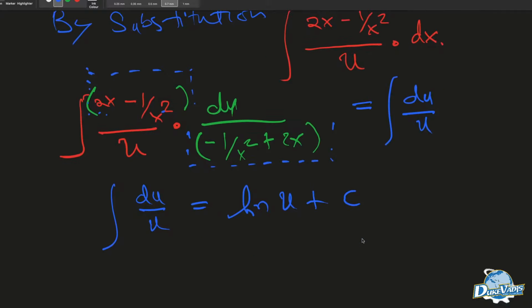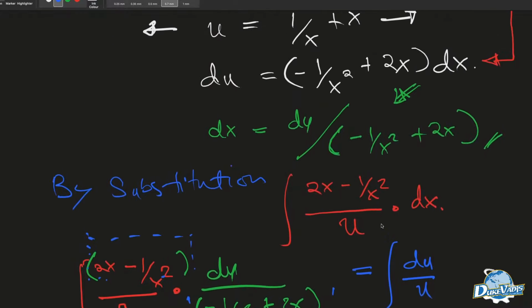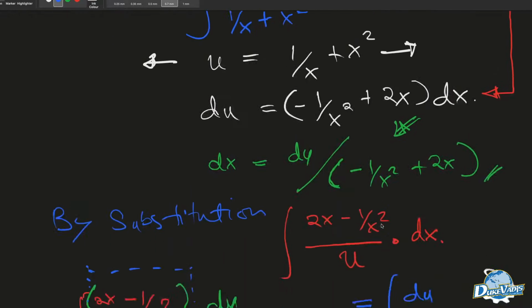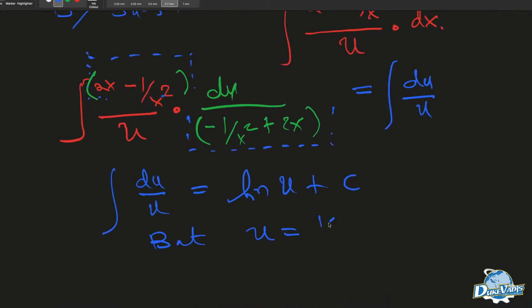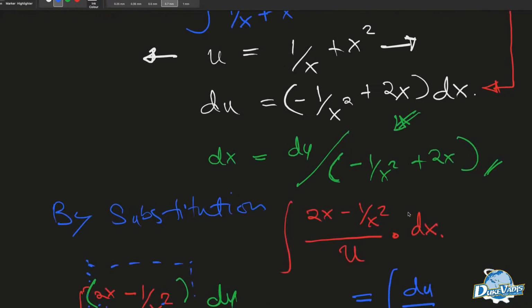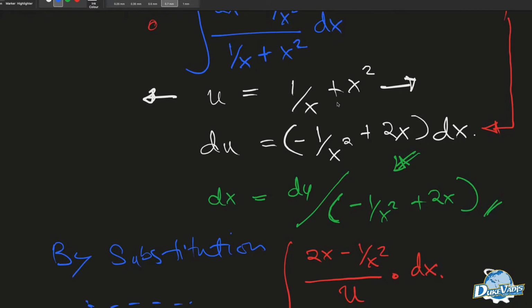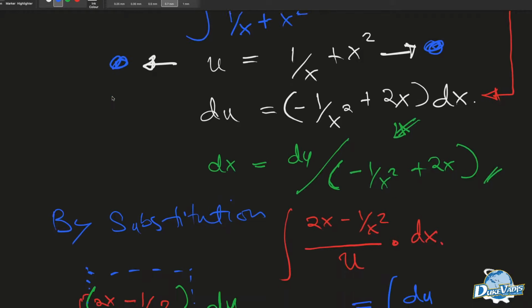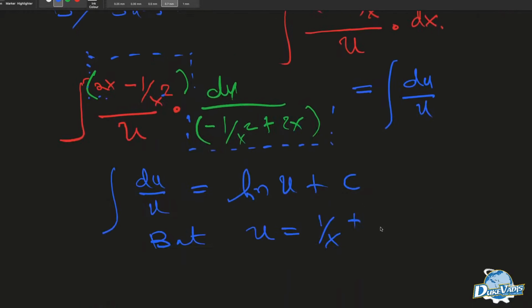But u is equal to 1 over x plus x squared.